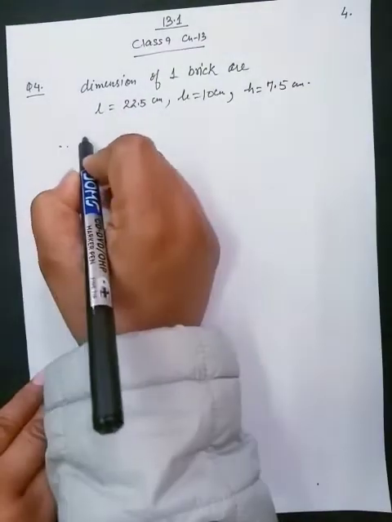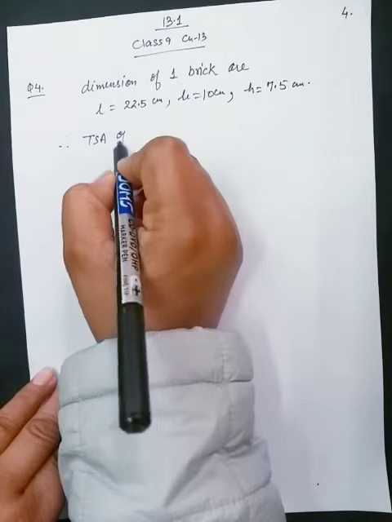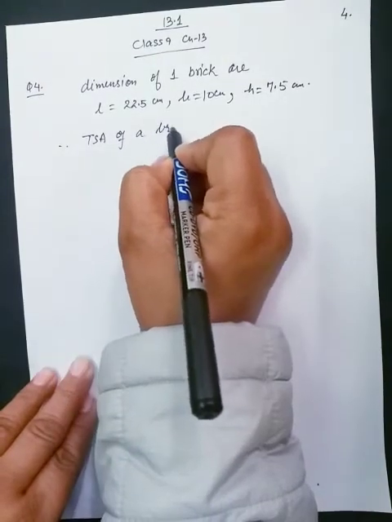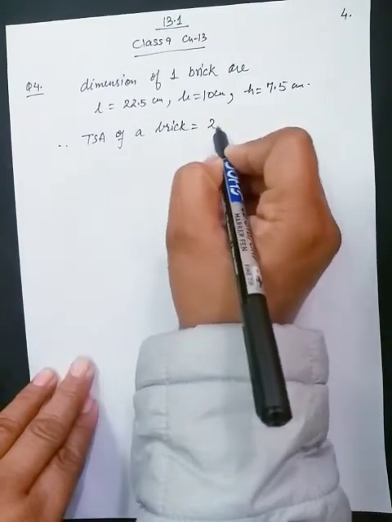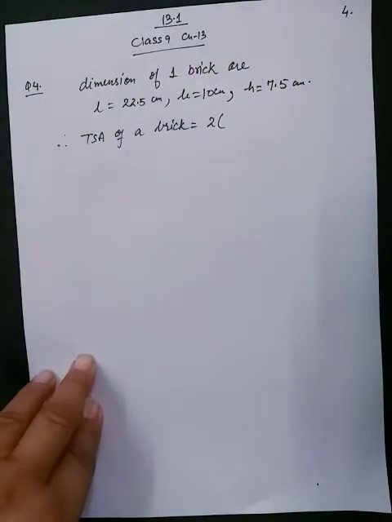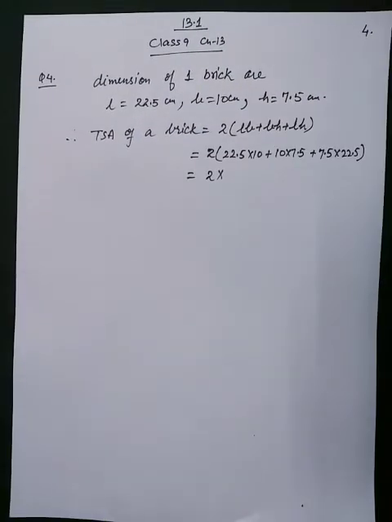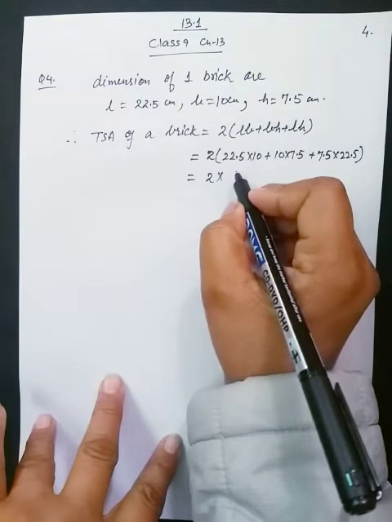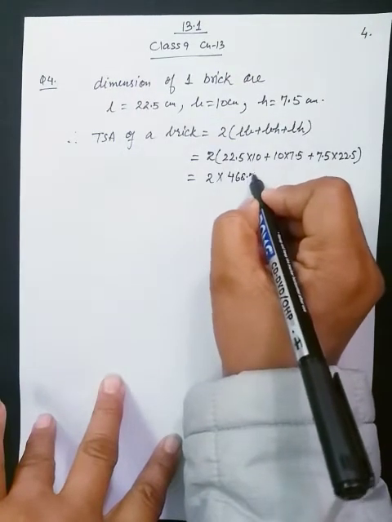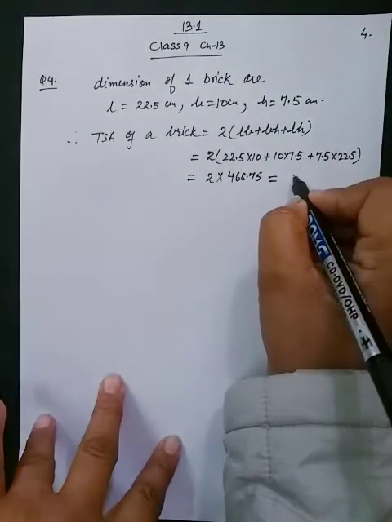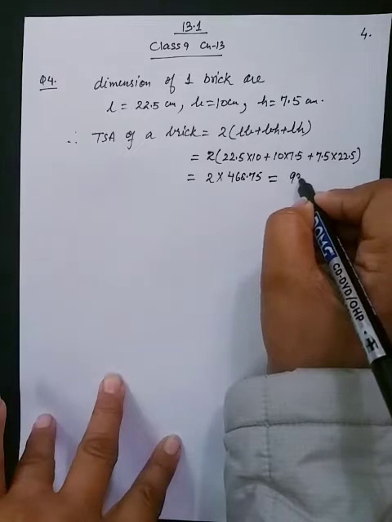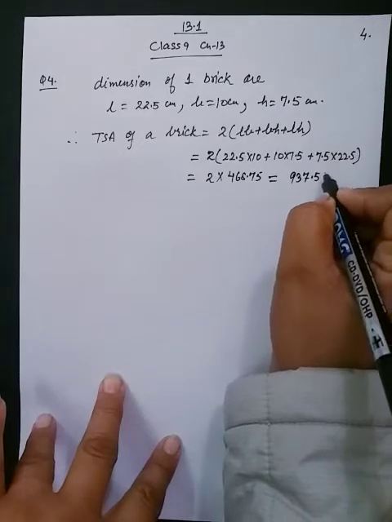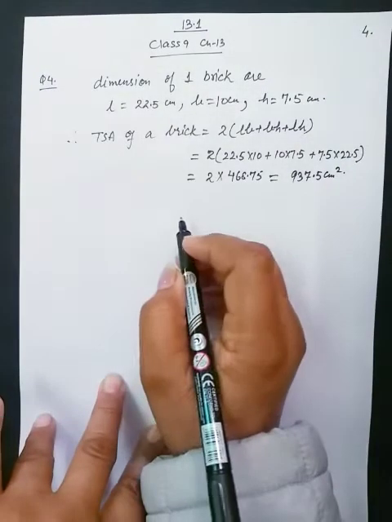So therefore TSA of a brick is equal to, let us find the TSA of one brick because total brick is to be painted. After solving this, we will get the total surface area of a brick is equal to 937.5 centimeter square.